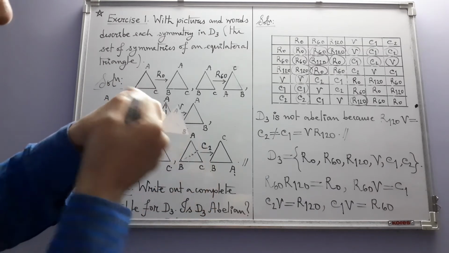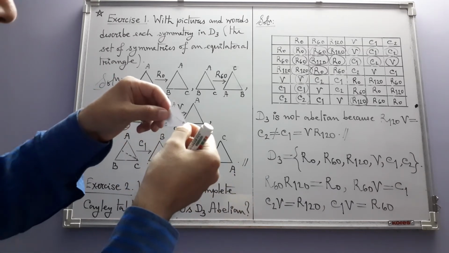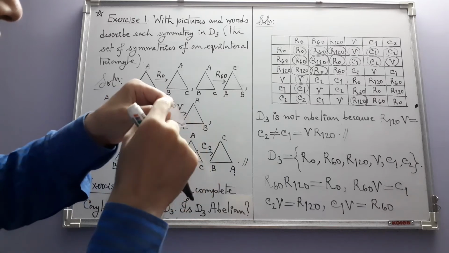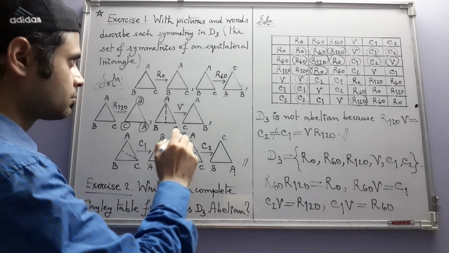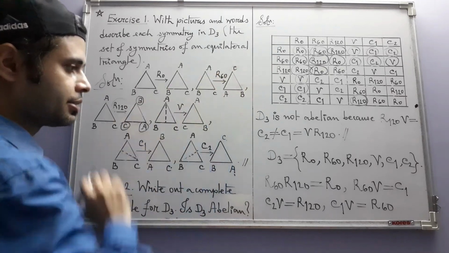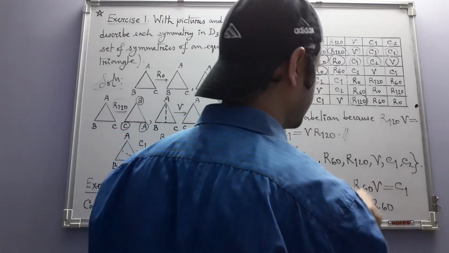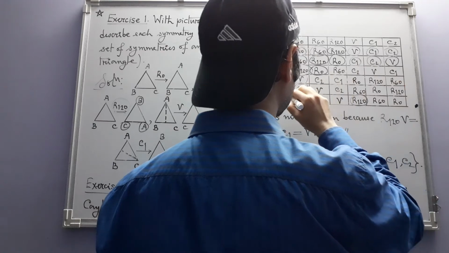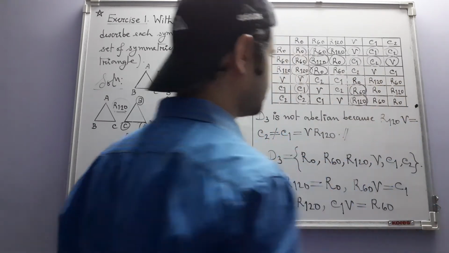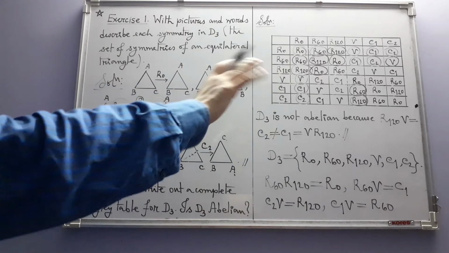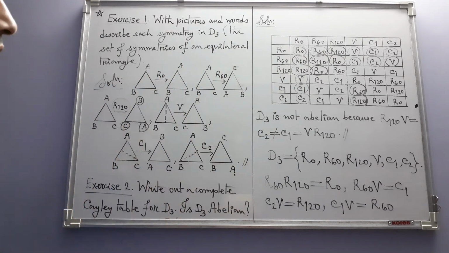C1 is about this axis we have to reflect. So CAB, which is R60. So that's how C1 V is R60. So that's how you can make sense of the other entries also.